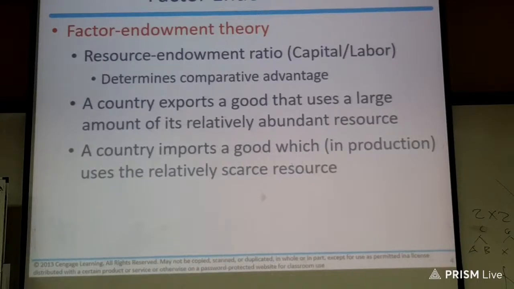And it will not specialize in production that uses the factor that the United States does not have abundantly. Very simple and logical. If United States has lots of capital, United States should specialize in products that use a lot of capital. Do you understand now?